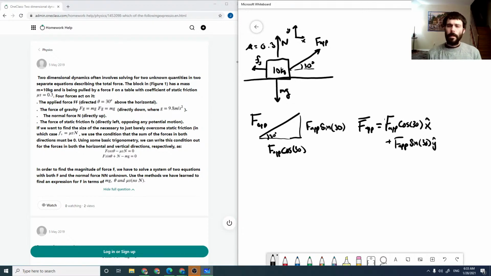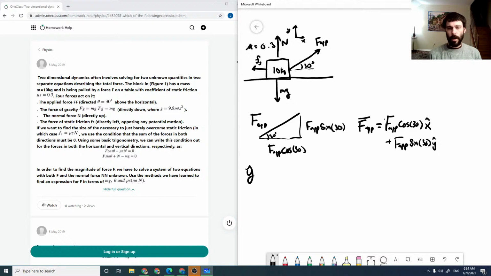Okay, and now we can see that all the other forces, so our frictional force is going to be in the x direction, and each of the others are going to be in their own respective direction.